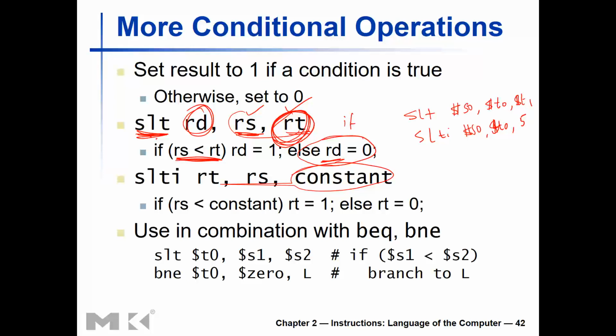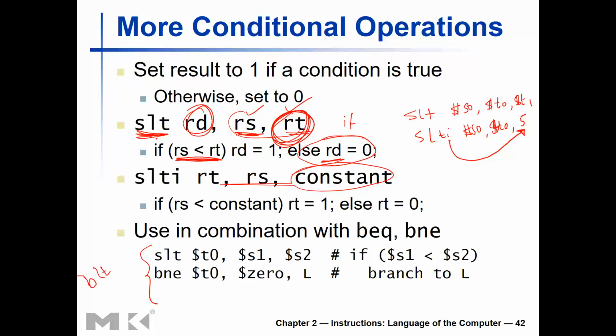The I means immediate data, so the data is part of the instruction. Now here we can use set if less than and branch if equal to implement a branch if less than.